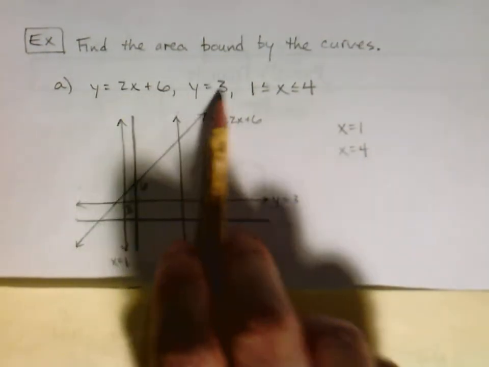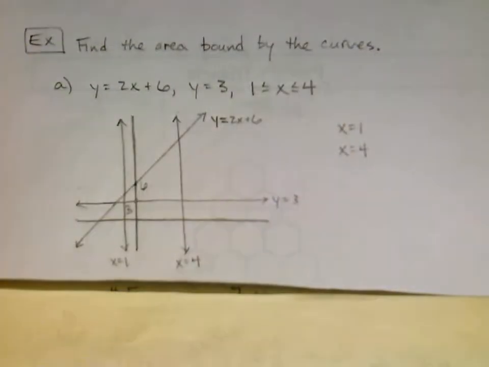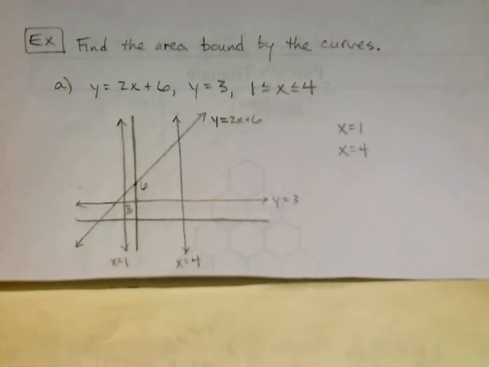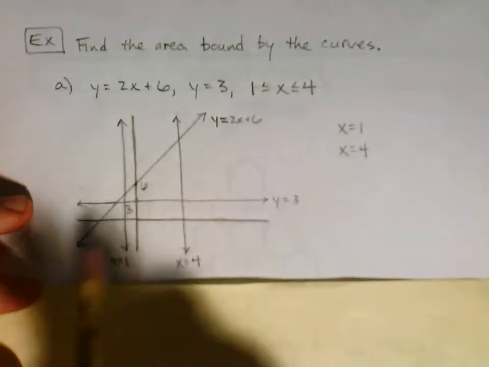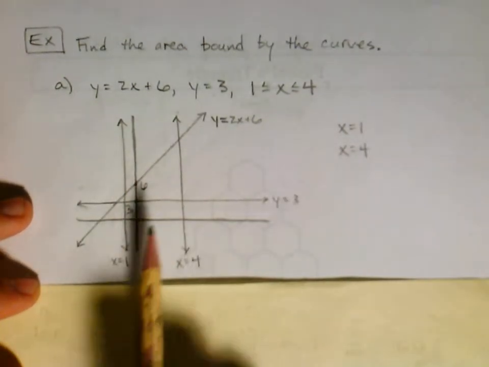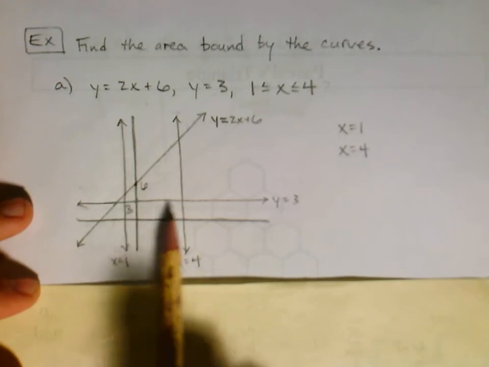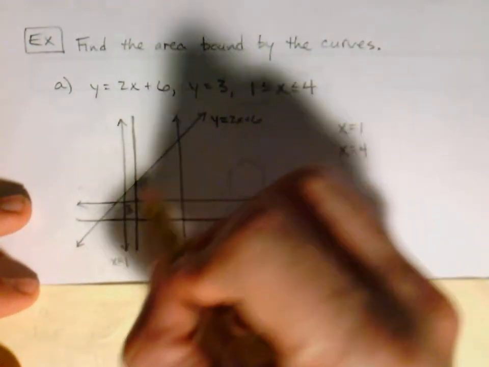It's going to be bound by each one. Sometimes the region is obvious to some people. Sometimes it takes a moment. But what region should I shade so that I'm bound by all of them? So I got the line there, I got the horizontal line, I got these 2 vertical lines. So it's this kind of trapezoidal region. It's almost a triangle except for the tip down there.